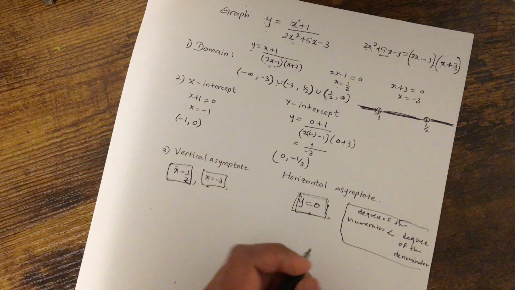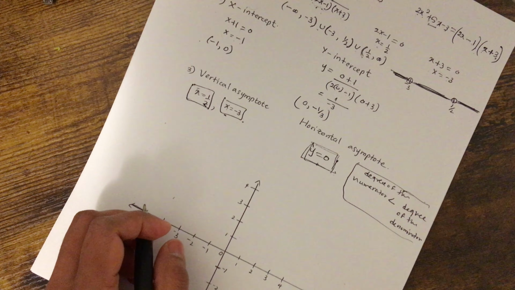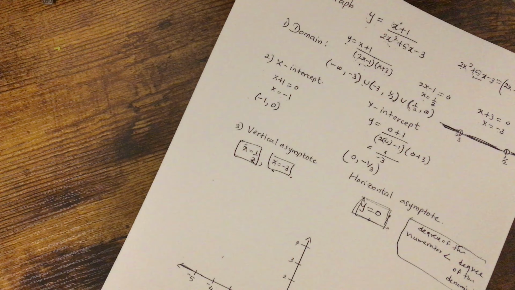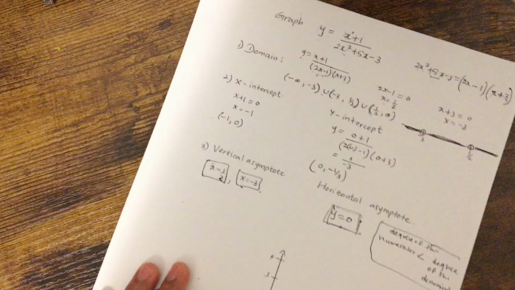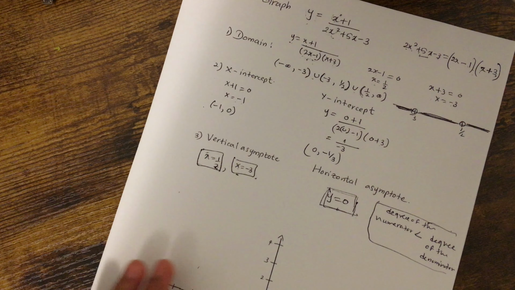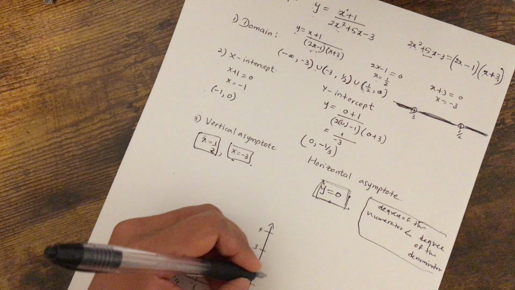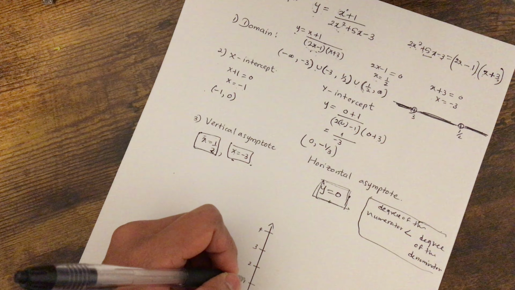Okay, so now we have everything. Now let's graph this rational function. First you have to mark the horizontal asymptote and the vertical asymptote. As you can see, the vertical asymptote is x equals half. So it is over here.